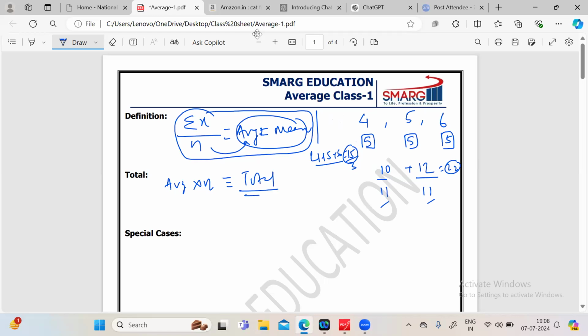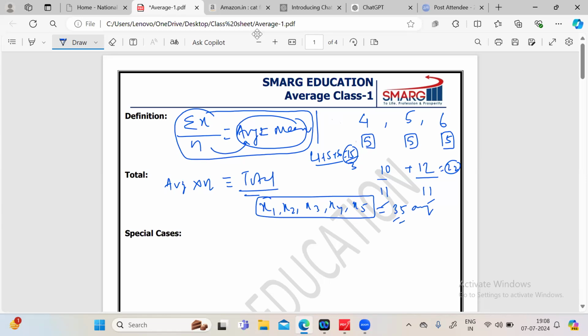So in case somewhere it is written that the average of x1, x2, x3, x4, x5 is 35. The average of all these five numbers is 35. The total will be what?